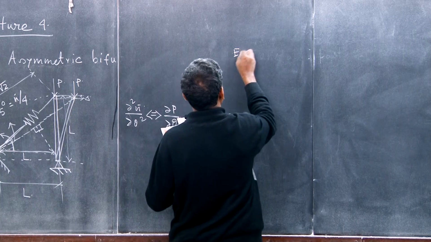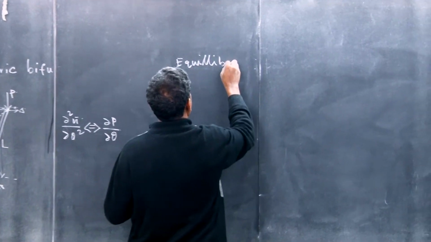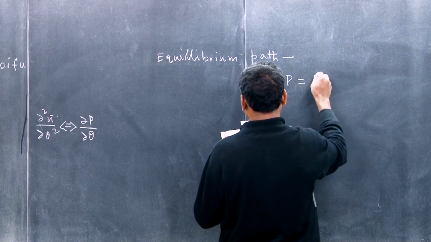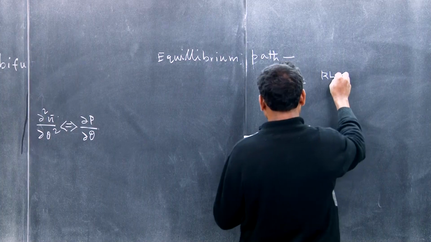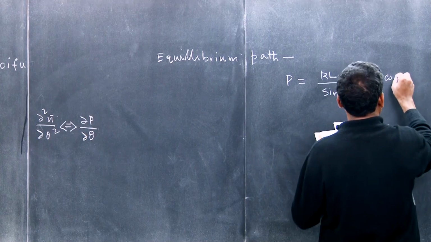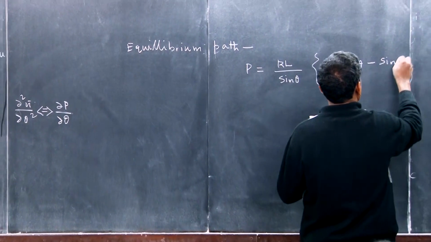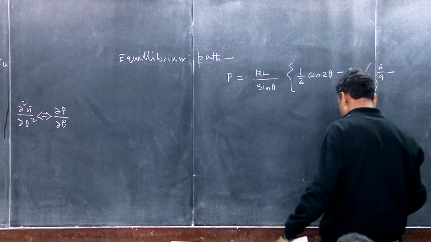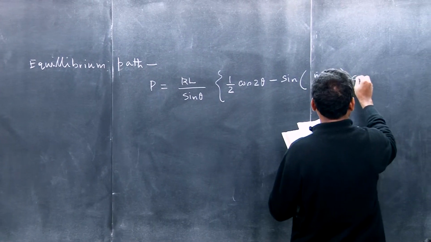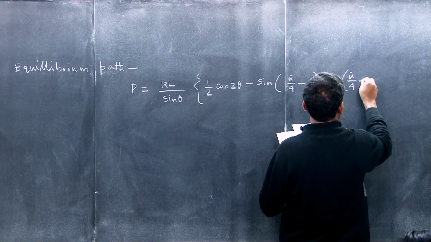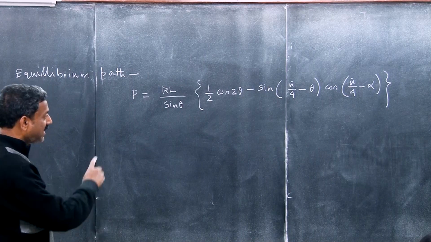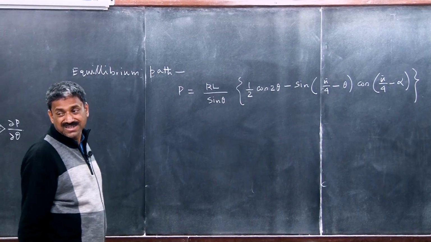So the equilibrium path is P equals kL sin theta, half cosine of 2 theta minus sine of pi by 4 minus theta, cosine of pi by 4 minus alpha, and we will directly simplify this by series expansion.